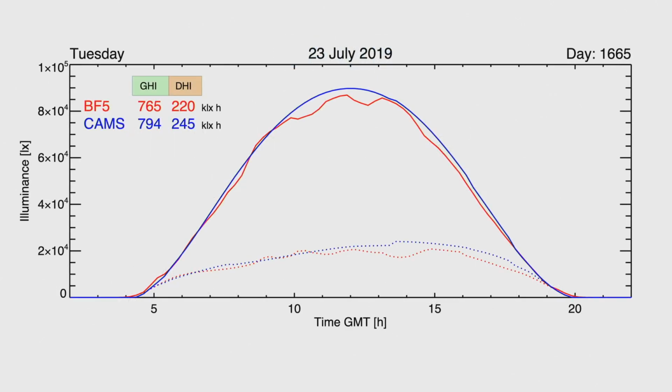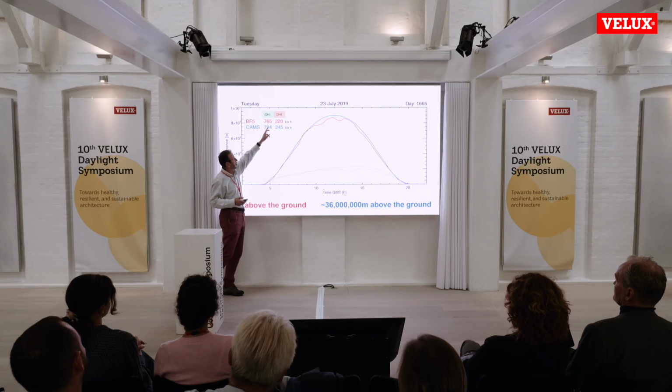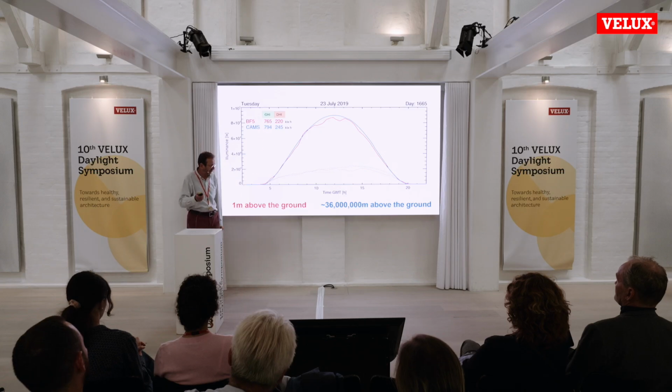And there we have 1 day. On the ground, the BF5, there's the CAMS in blue, a nice sunny day in July. You have to kind of pinch yourself that one of those is 1 meter above the ground, and the other one is 36 million meters above the ground. These are the GHI daily totals in kilolux hours.